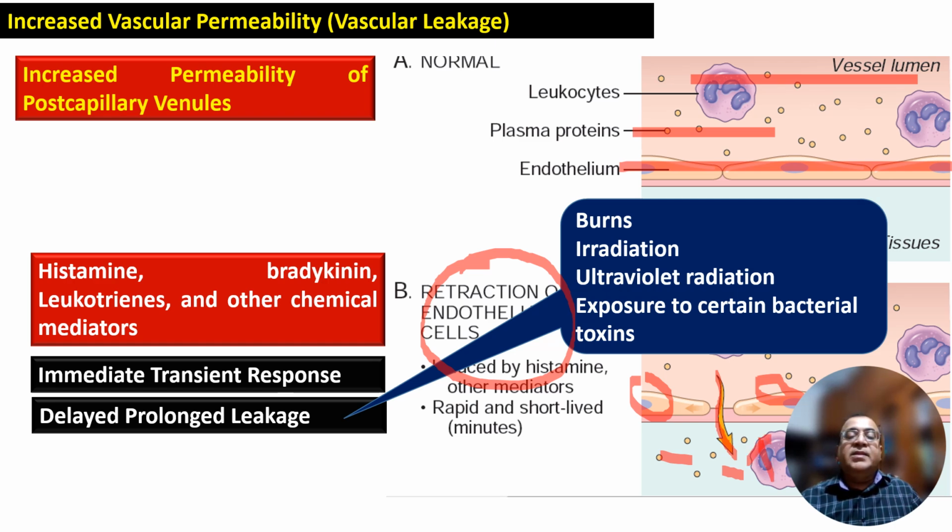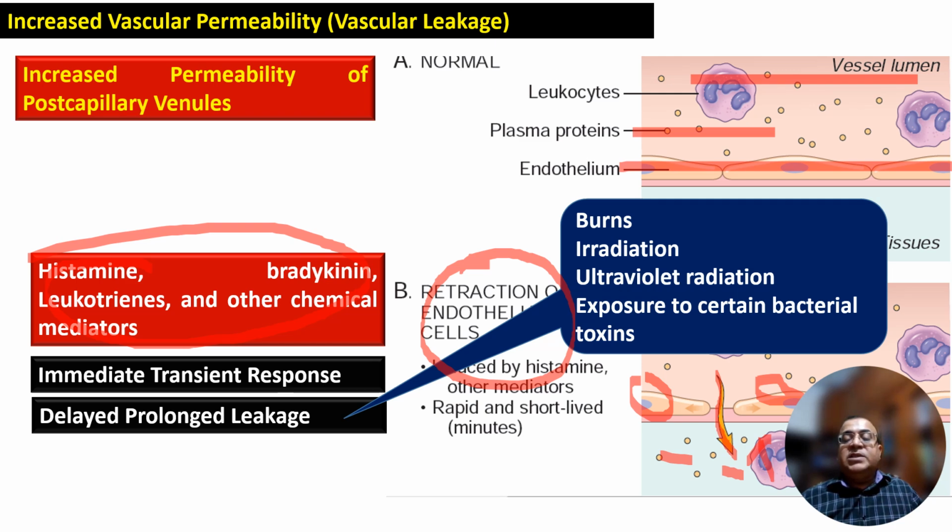This occurs as a result of histamine, bradykinin, leukotriene, and other chemical mediators, and it is termed the immediate transient response because it occurs rapidly after exposure to mediator, and it is usually short-lived. Within 15 to 30 minutes, it vanishes.